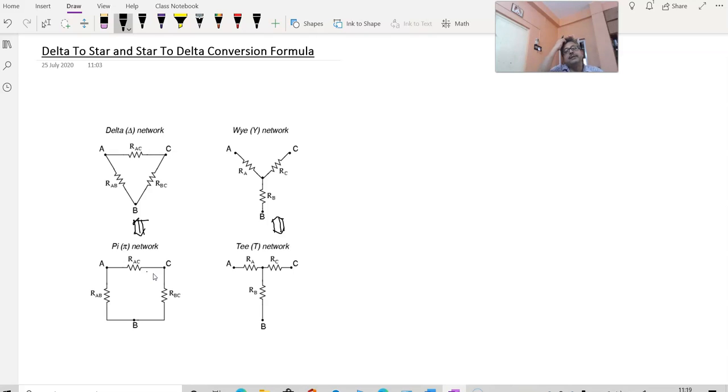The basic principle to compare these two circuits: we can say this is equal to this if the resistance between A and C here equals the resistance between A and C. Or pi network is equal to T network if the resistance between A and C here equals the resistance between A and C.